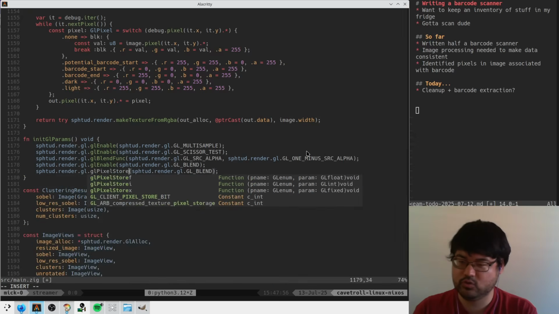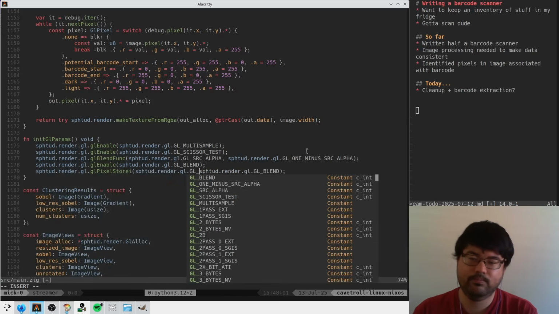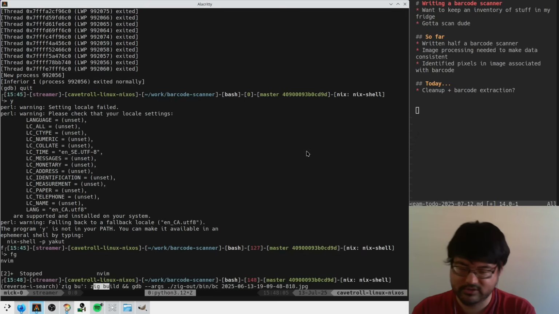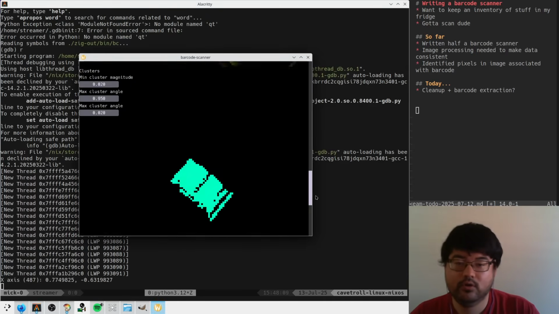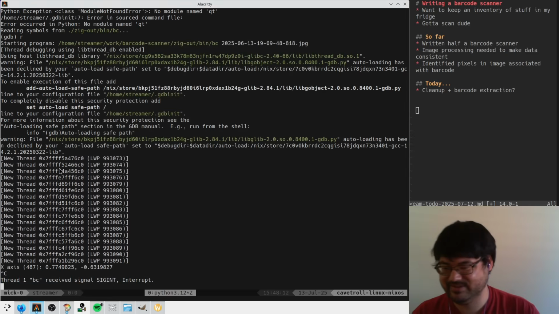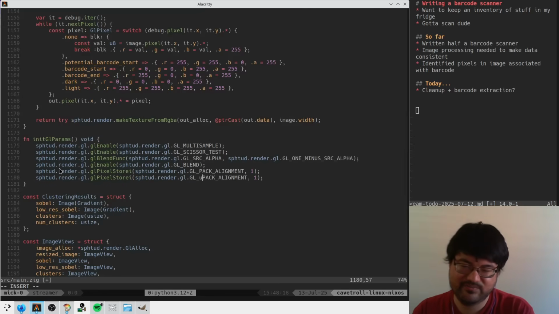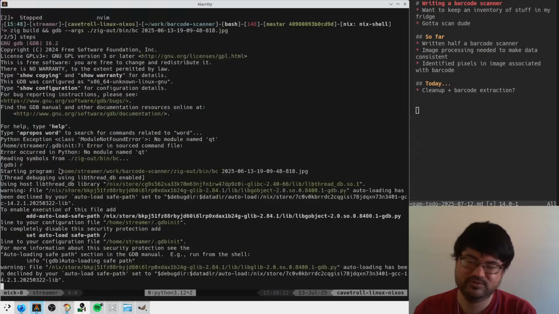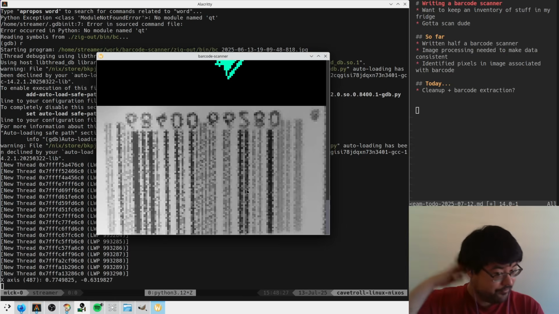Pack alignment 1. Let's see if that fixes it. Nope. Maybe it was unpack alignment. There we go. There we go.